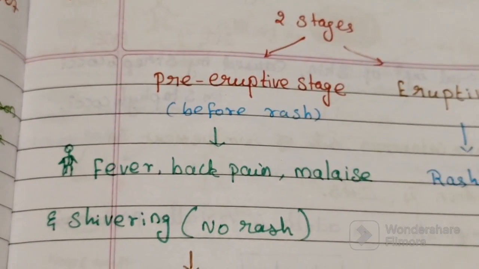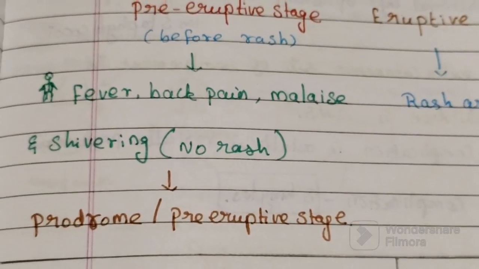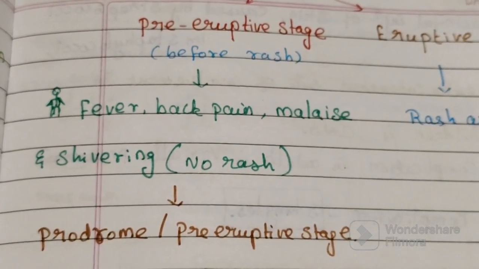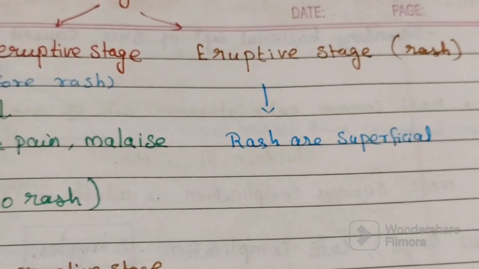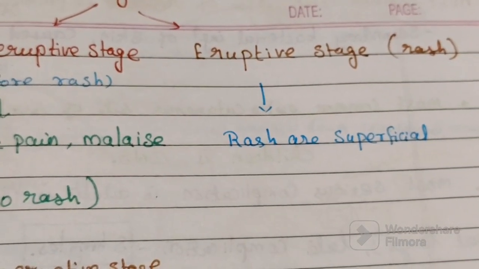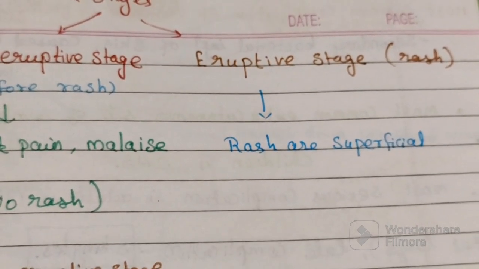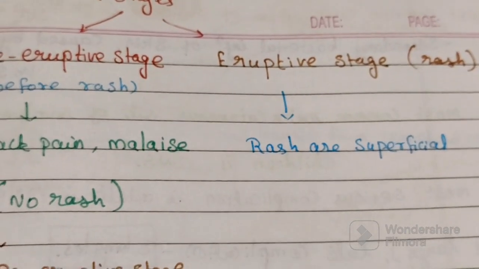Here there are no rashes. It is called the prodrome or pre-eruptive stage. In stage 2, the patient will have typical rashes. Here the rashes are superficial.